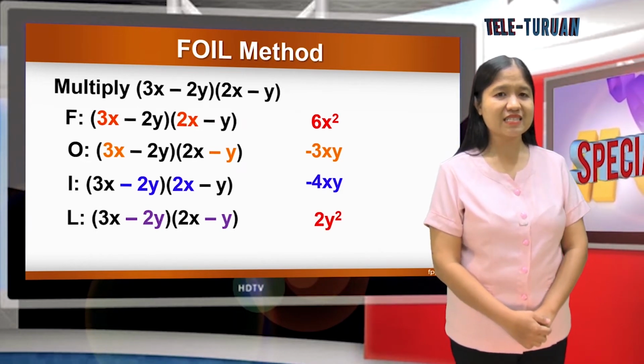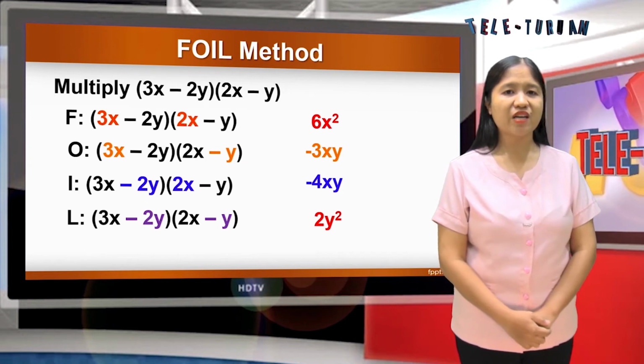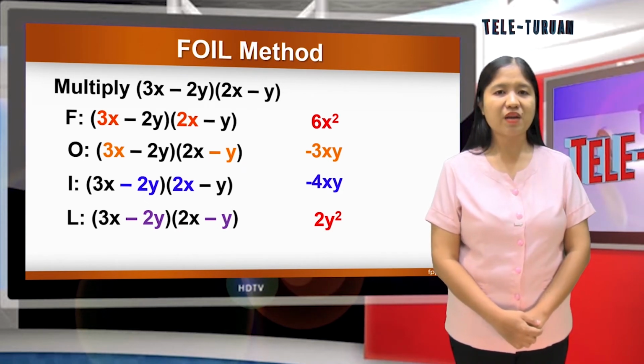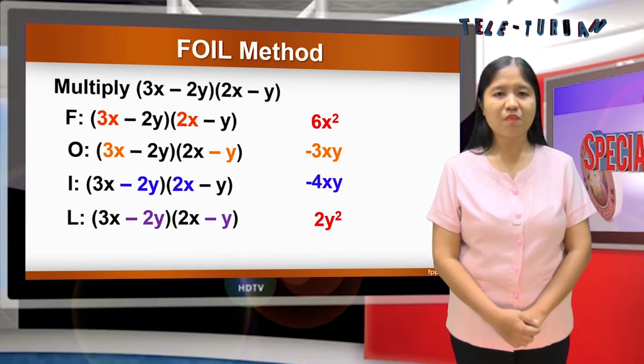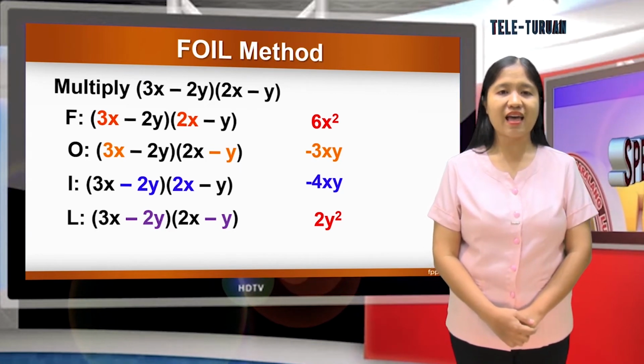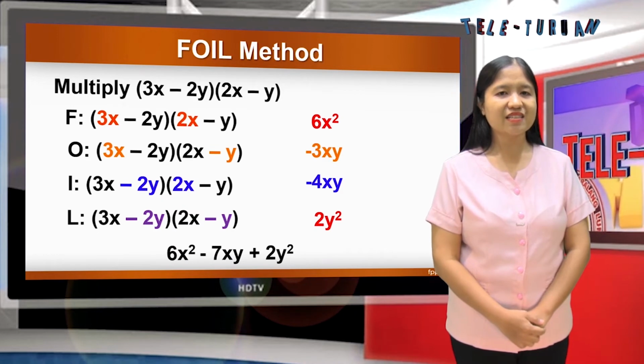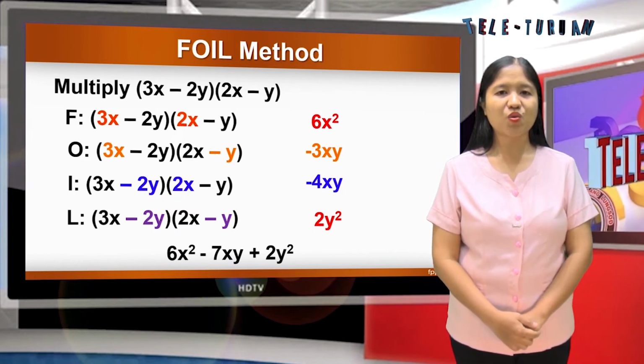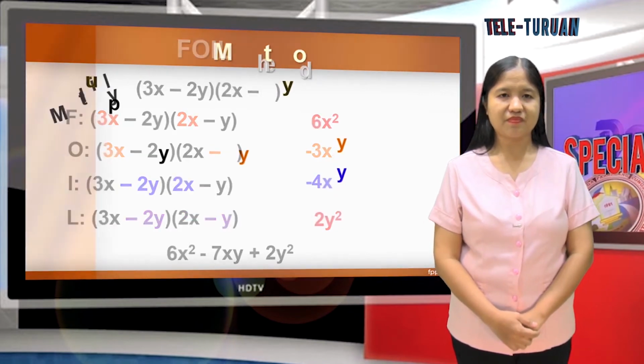The result is 6x squared minus 3xy minus 2xy plus 2y squared. Combining similar terms, the answer is 6x squared minus 5xy plus 2y squared.